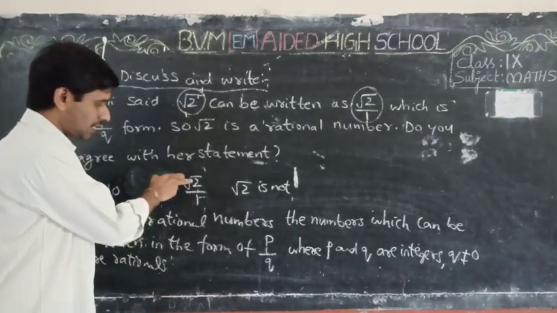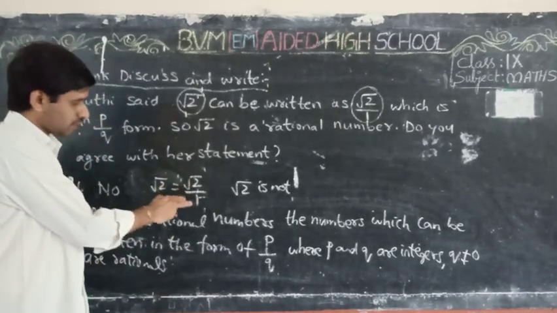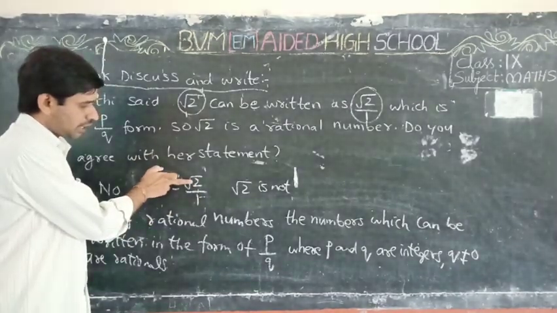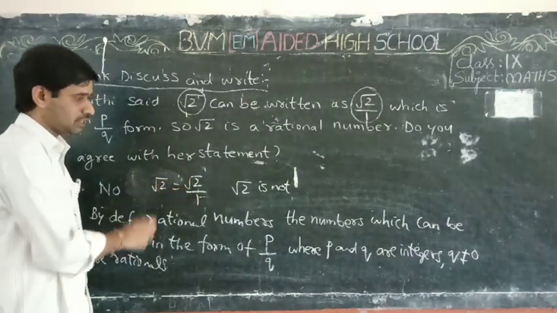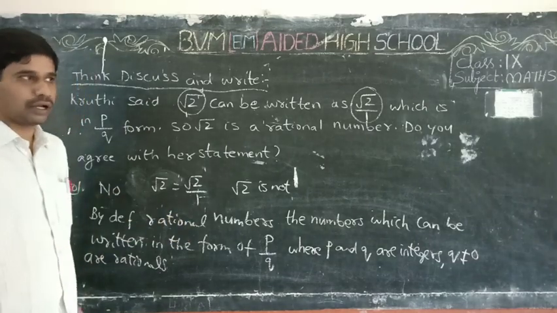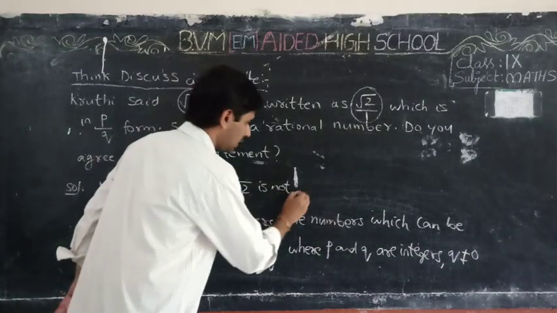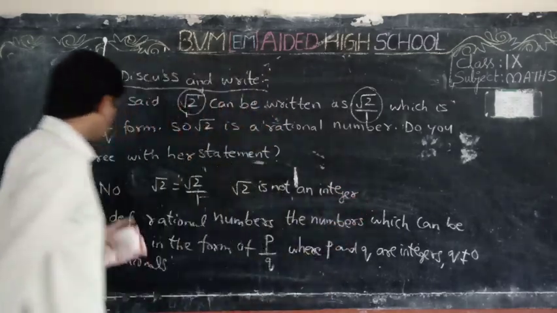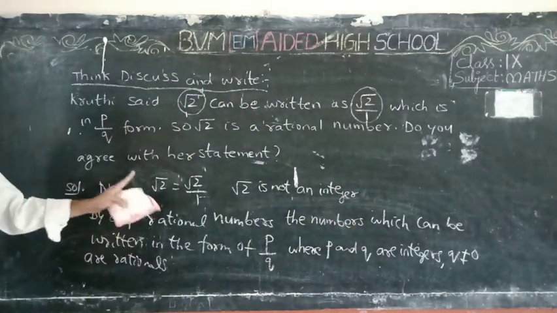Here root 2 is an irrational number and 1 is an integer. A non-terminating, non-recurring decimal divided by an integer gives a non-terminating, non-recurring decimal. So root 2 is not an integer. Therefore, root 2 by 1 is not a rational number.